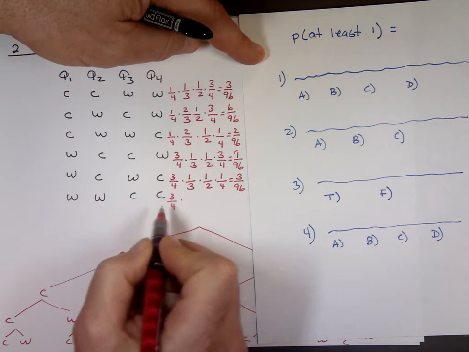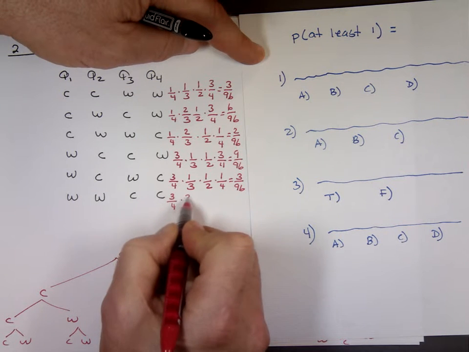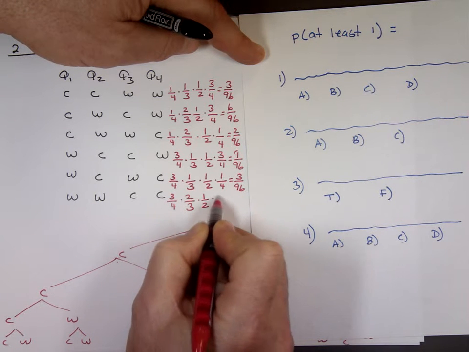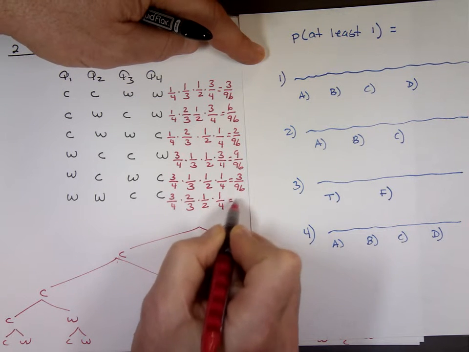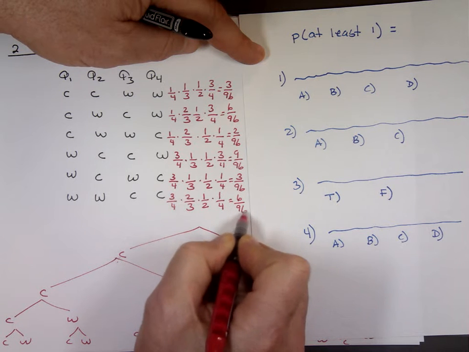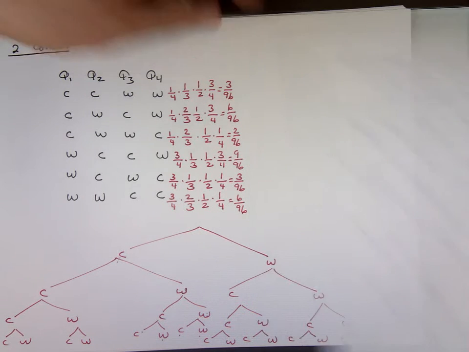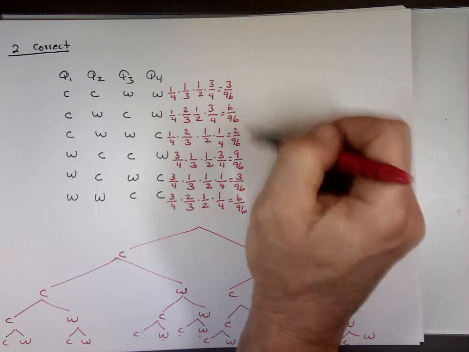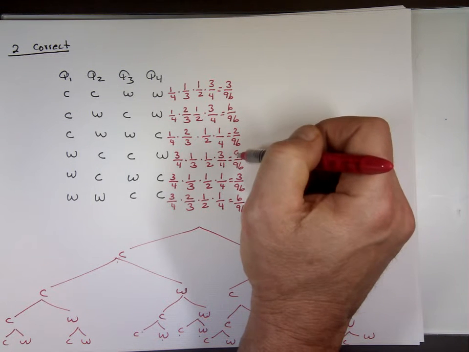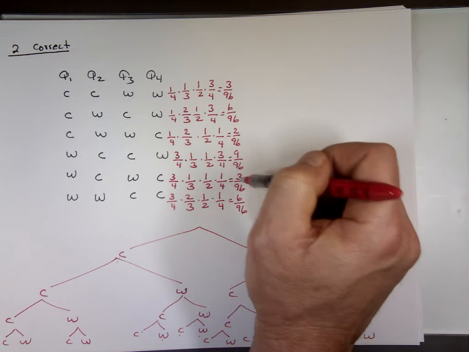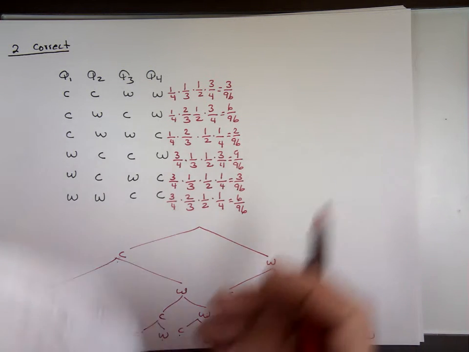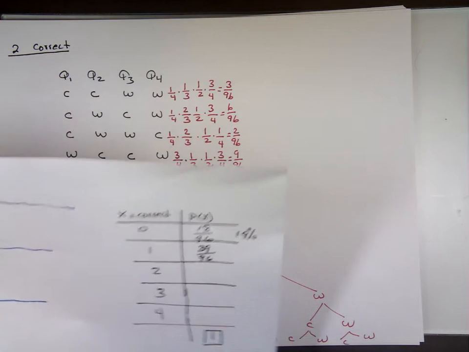Second one is wrong, 2 out of 3. Next one is correct, 1 out of 2. Last one is correct, 1 out of 4. 6 out of 96. And let's add all these numbers. 3 and 6, 9. 11, 20. 20 and 23, 29. So 29 out of 96.